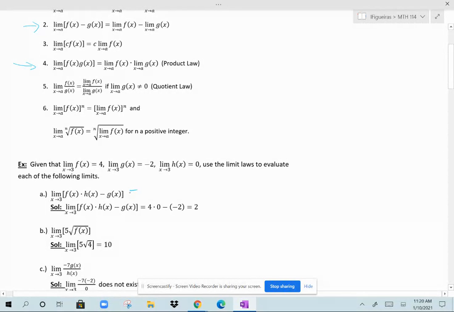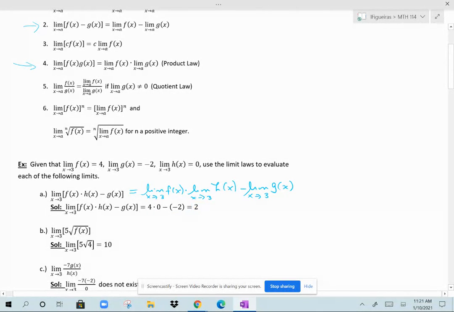So we can split this up into the limit as x approaches 3 of f of x times the limit as x approaches 3 of h of x, minus the limit as x approaches 3 of g of x. And we know what all of these are equal to. All of these limits are given in the original statement. So we just plug in the numbers. That's going to be 4 times 0 minus negative 2. And that gives us a limit value of 2.